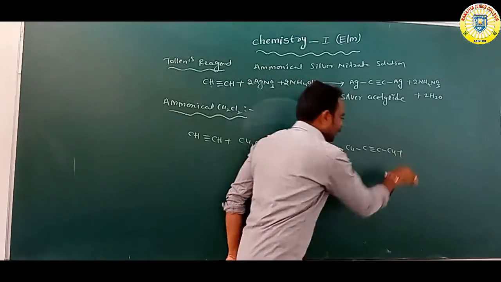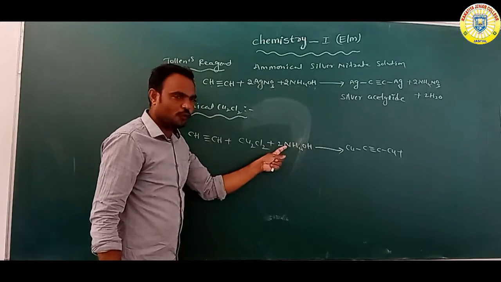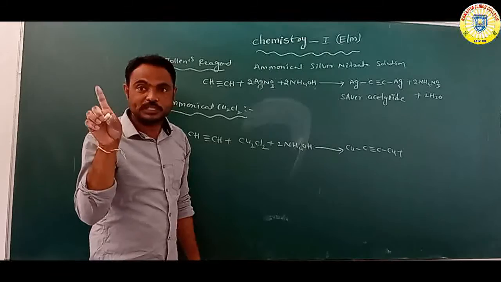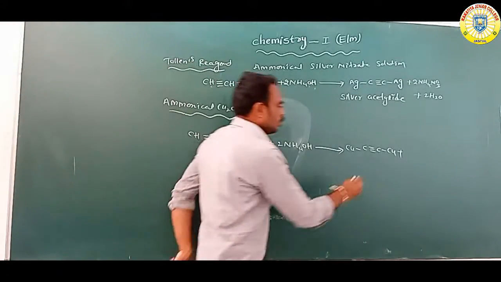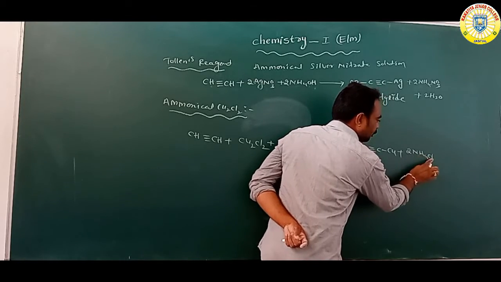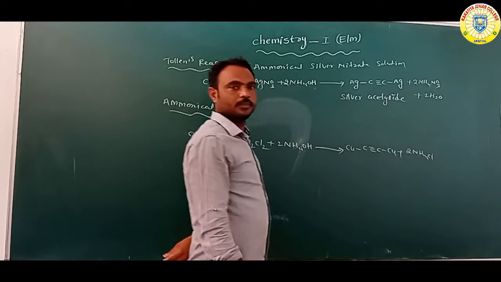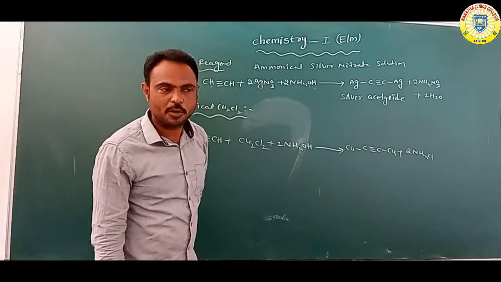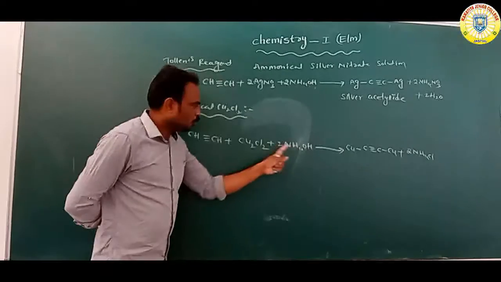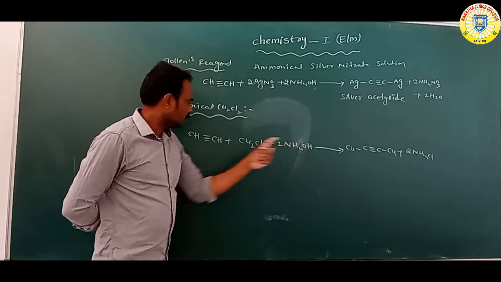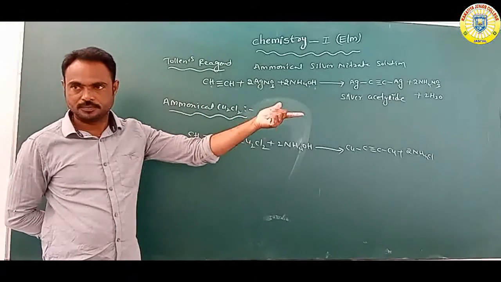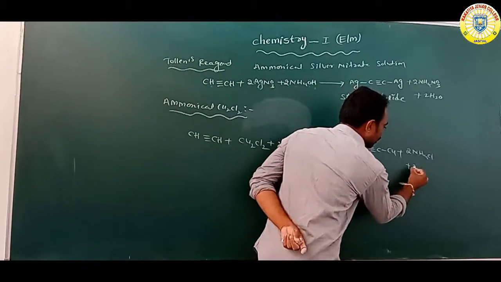Next further, 2NH4Cl, ammonium chloride. What is the formula of ammonium chloride? NH4Cl. Next, 2OH and 2 hydrogens form 2H2O, water molecules.